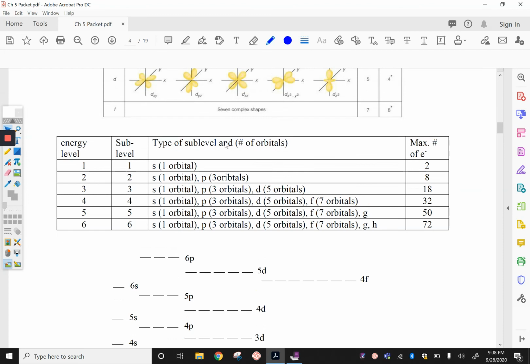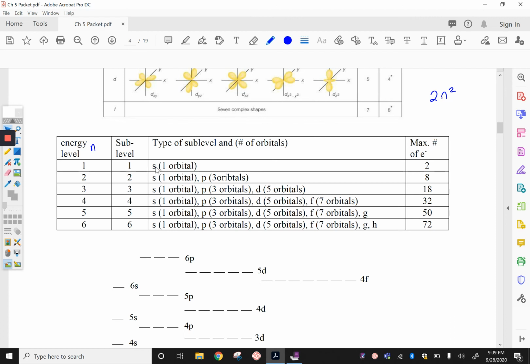So this table shows us how we came up with that 2n squared for how many electrons are in a given energy level. So let's look at this. Energy level is n, right? They go 1, 2, 3, 4, 5, 6, 7, and so on. The first energy level, n equals 1, has one sublevel.